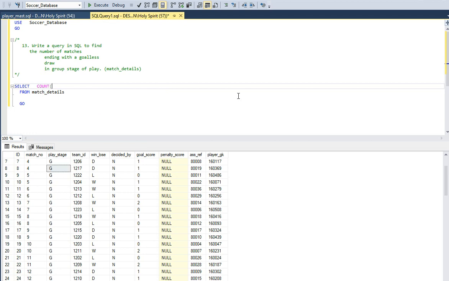Again, it has to be count, and here the match number I'm going to take, because here they're asking number of matches.